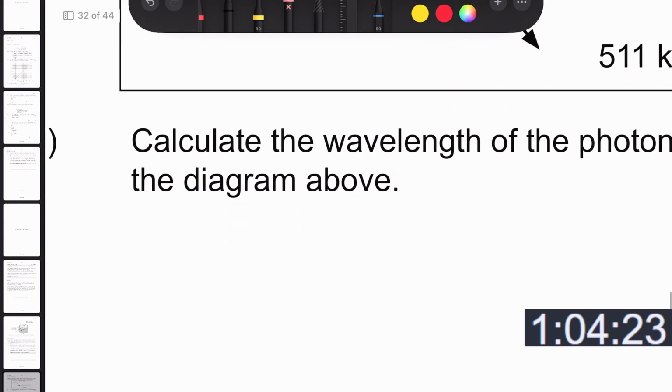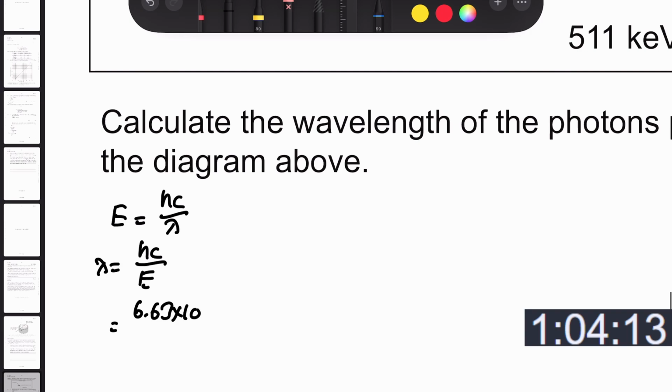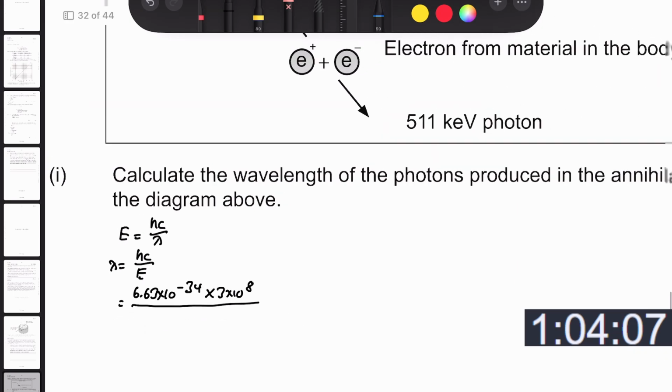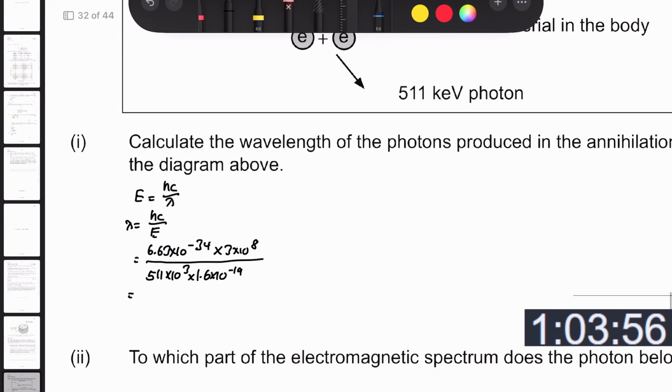So E equals hc over lambda, so lambda is equal to hc over E, which is 6.63 times 10 to the negative 34 times 3 times 10 to the power of 8, all over 511 times 10 to the power of 3 times 1.6 times 10 to the negative 19.